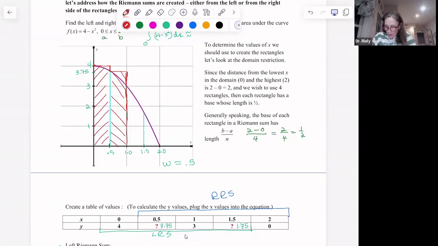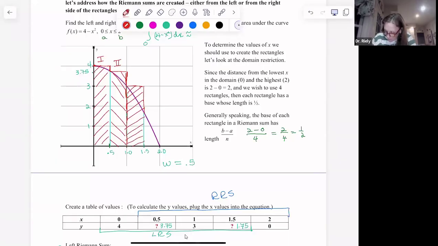Okay, so now I have one rectangle, I have 2 rectangles, and they're all from the left side. Then I go up from the left again, I hit the curve at 3, I go across 1/2, and I come down here. And I'm going this way. And then I know I needed 4 rectangles, so I've got one more to do.